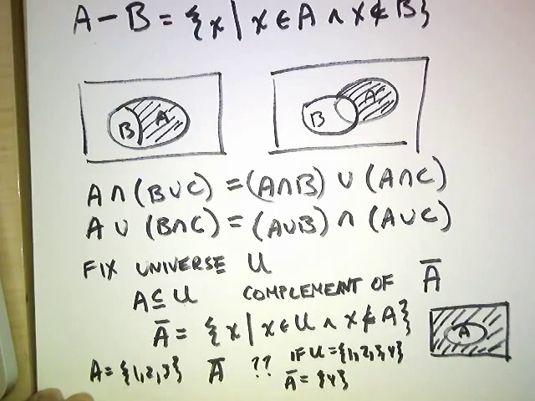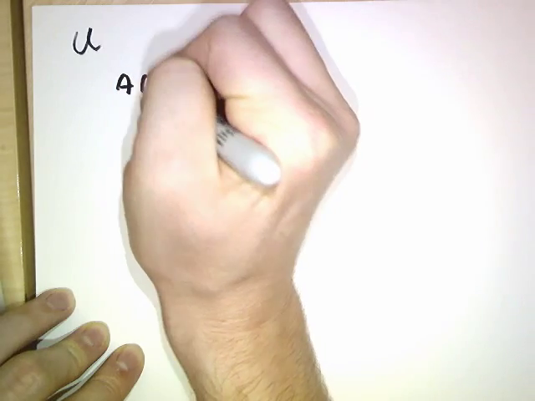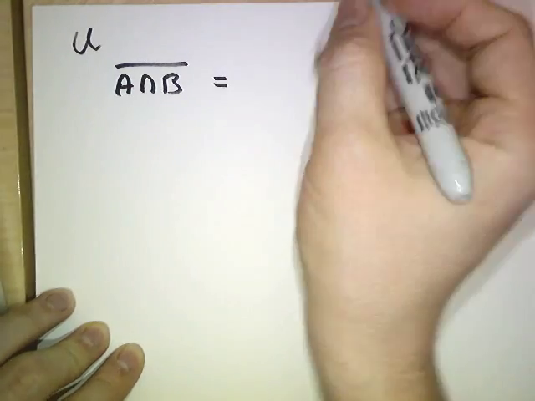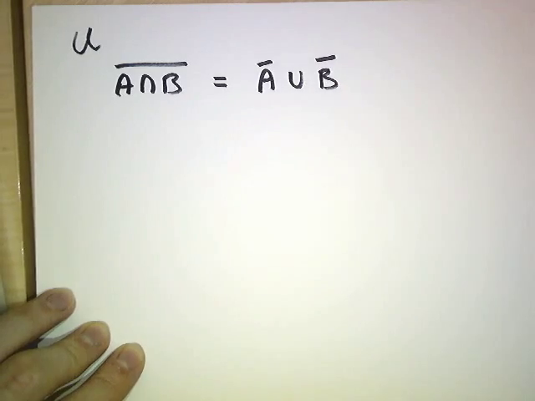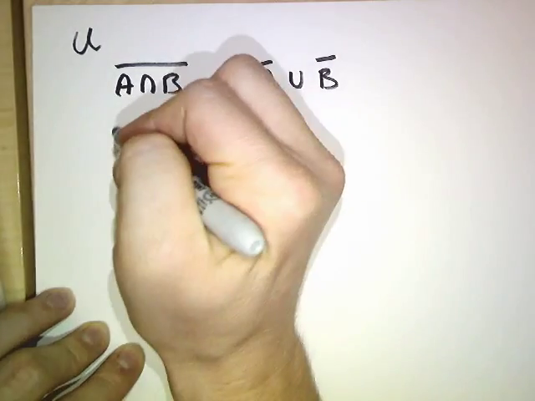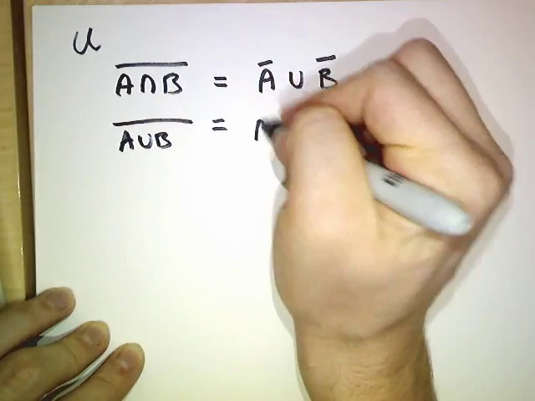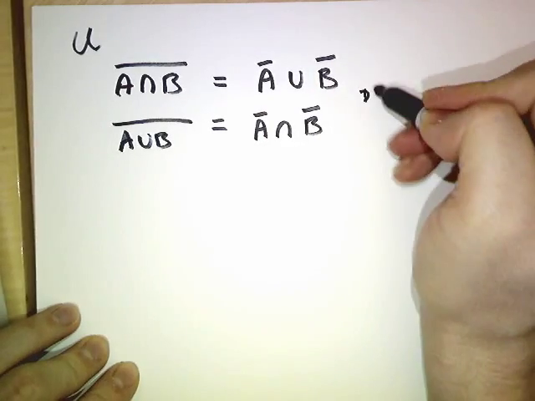So we also have De Morgan's laws for sets. Again, let's assume that we've specified some universe U, and I want to look at the complement of A intersect B. This turns out to be equal to the complement of A union the complement of B. And also, the complement of A union B is, not surprisingly, the complement of A intersect the complement of B. So these are De Morgan's laws.